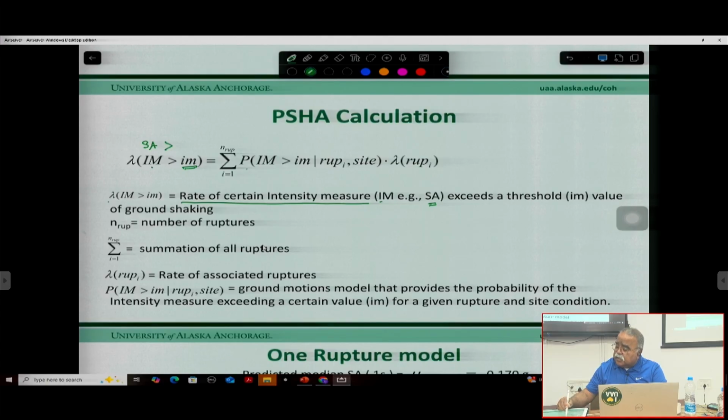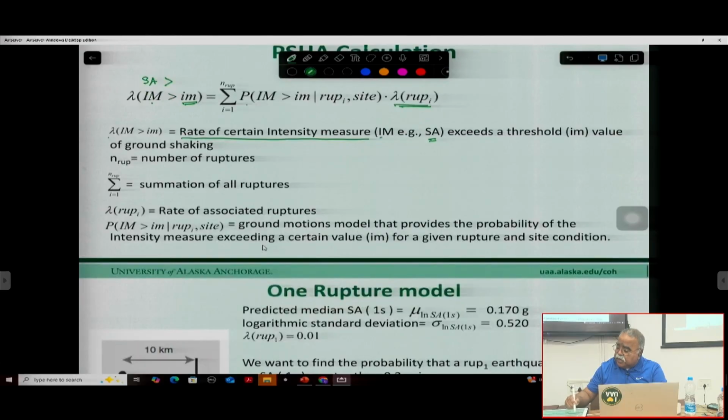This is the probability multiplied by the rate of rupture, where lambda is the rate associated with it. The ground motion model provides the probability of the intensity measure exceeding a certain value. So this probability multiplied by the rate associated with the rupture will be the rate of the intensity measure exceeding certain values, right?